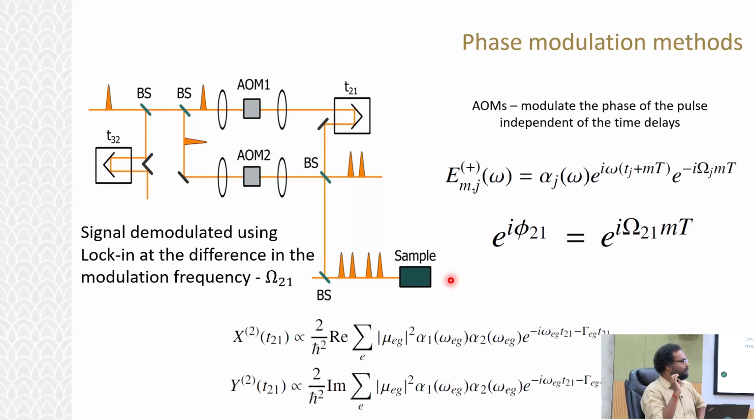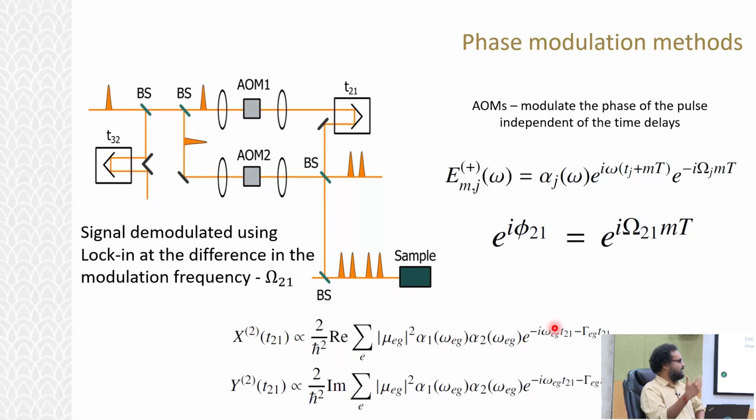And it can be shown that my lock-in outputs, my in-phase and quadrature components, can be written like this. Very nice. Basically you're extracting out the second order impulse response function. This is a bit not that useful.